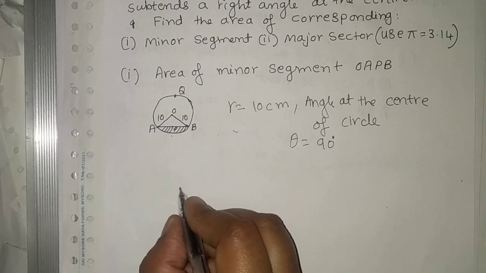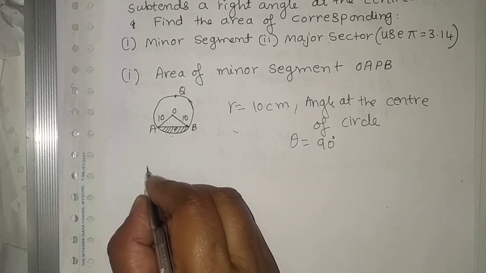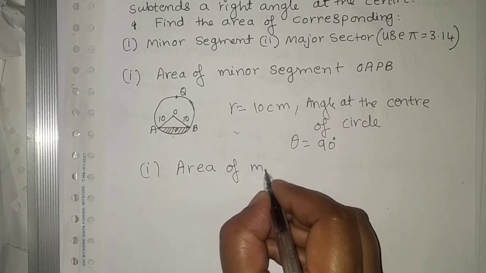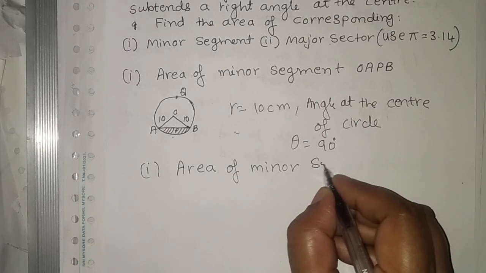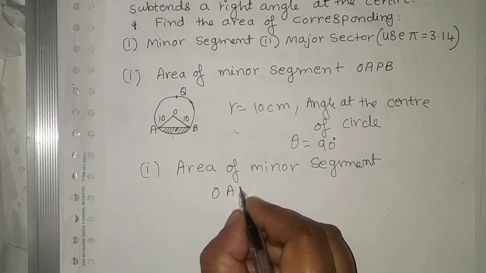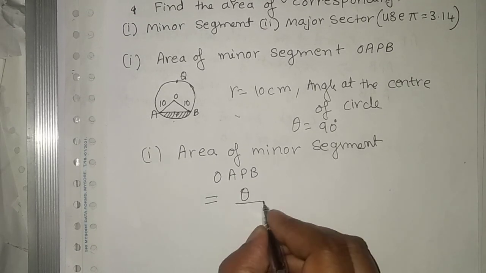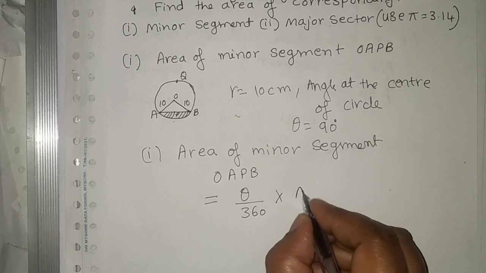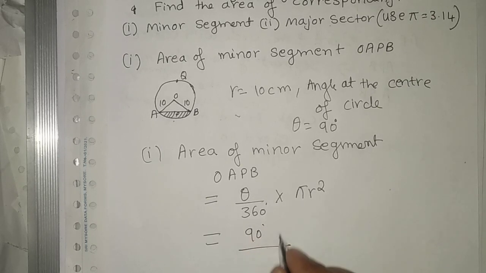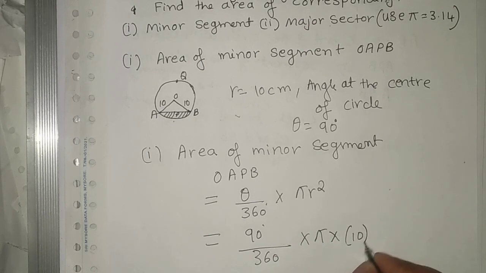First, we have to find the area of the first sub problem, the area of the minor sector OAPB. The formula is theta by 360 into pi r square. What is theta here? 90 degrees by 360 into pi into r, that is radius, square.